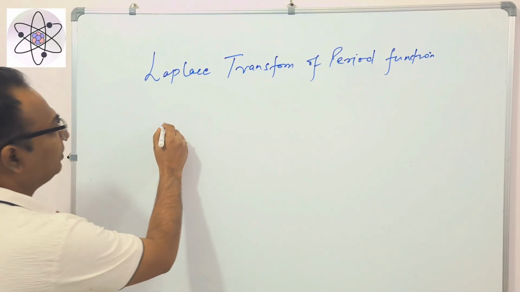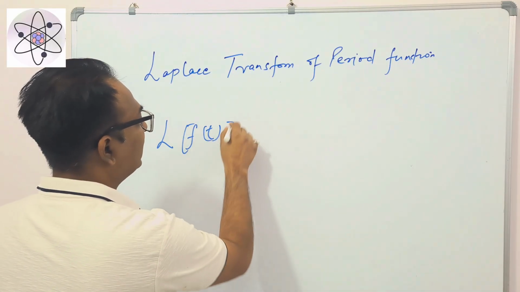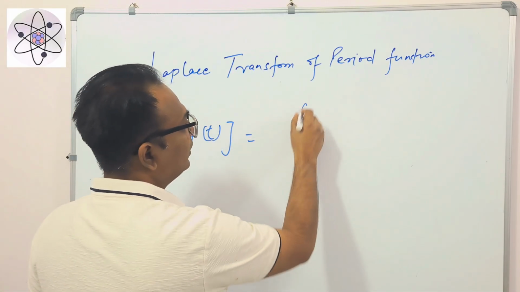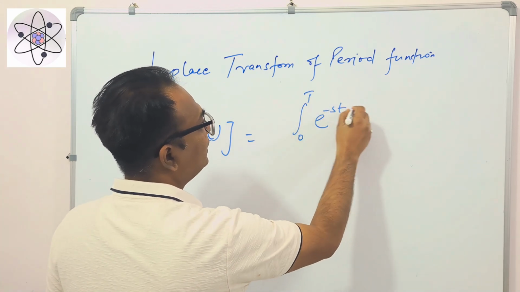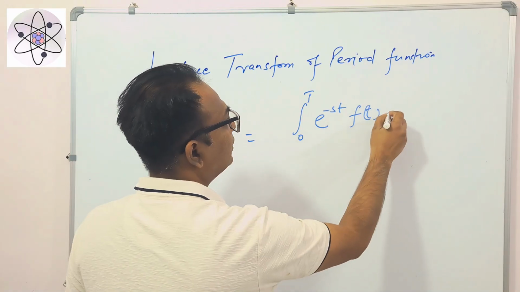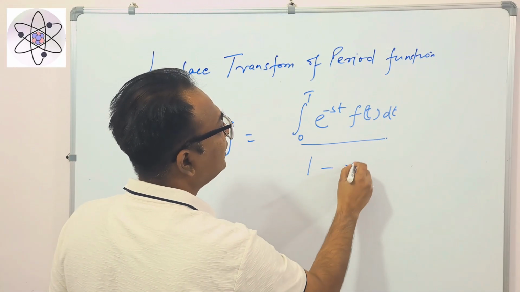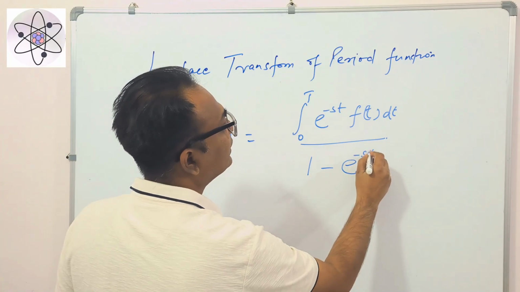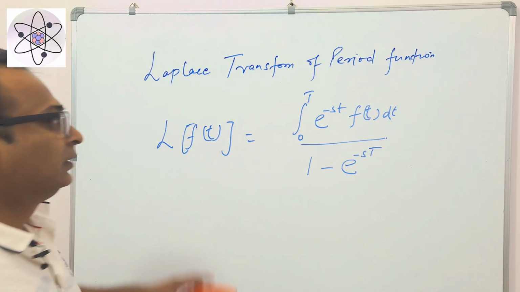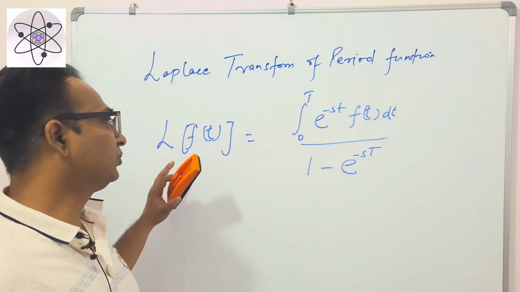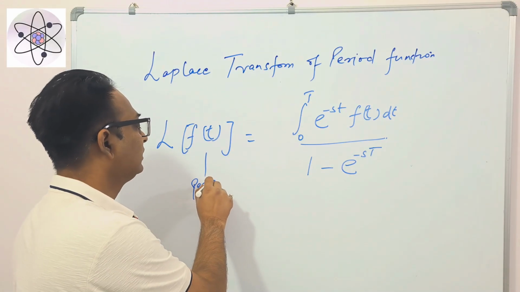Then the Laplace transform of f(t) is given by the integral from 0 to T of e to the power minus st f(t) dt, divided by 1 minus e to the power minus s capital T. This is how we transform a periodic function.